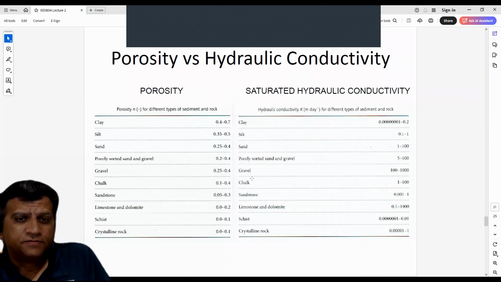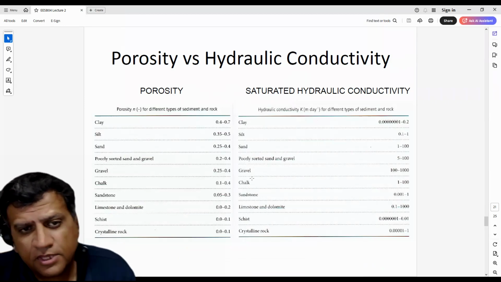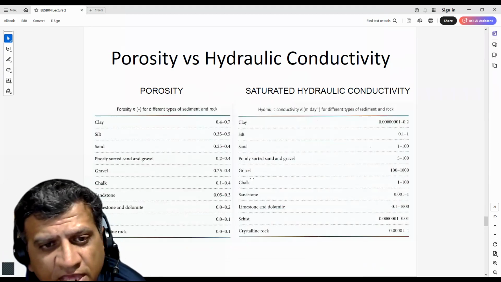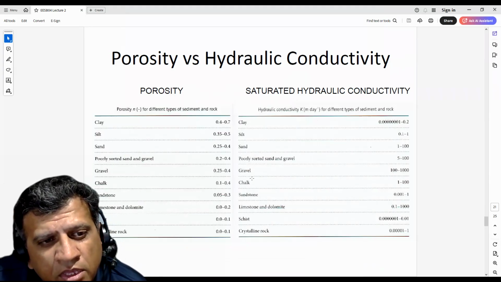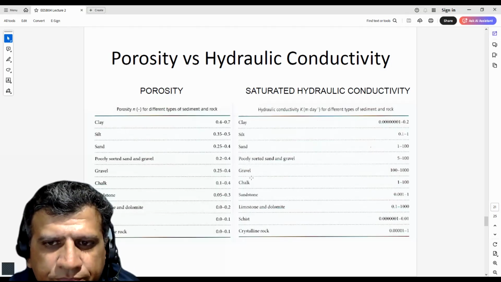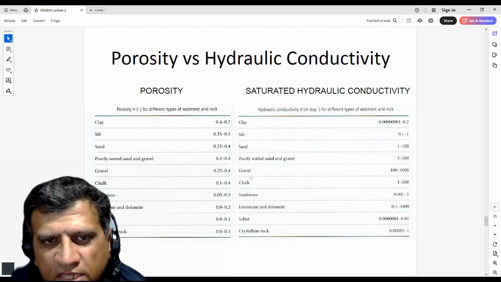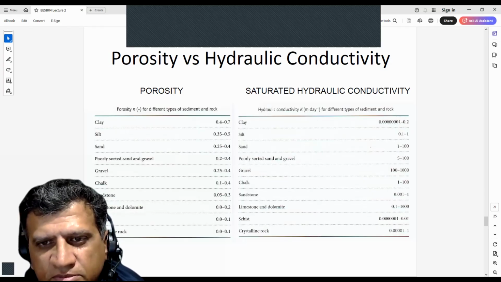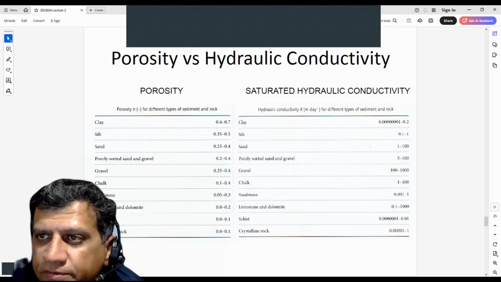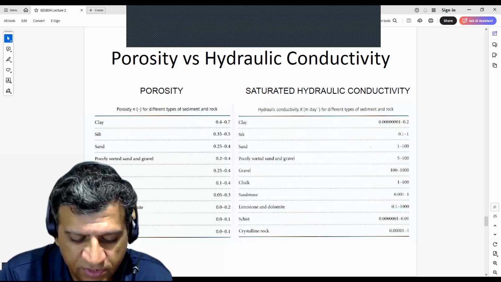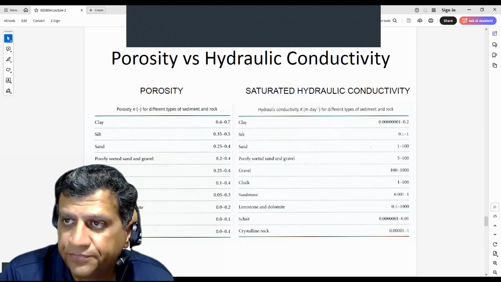You can see the comparable, but I want you to remember one thing. The porosity in clay is not effective porosity. Clay has a very low hydraulic conductivity in terms of meters per day. I think we need to delve into that a little bit better here.